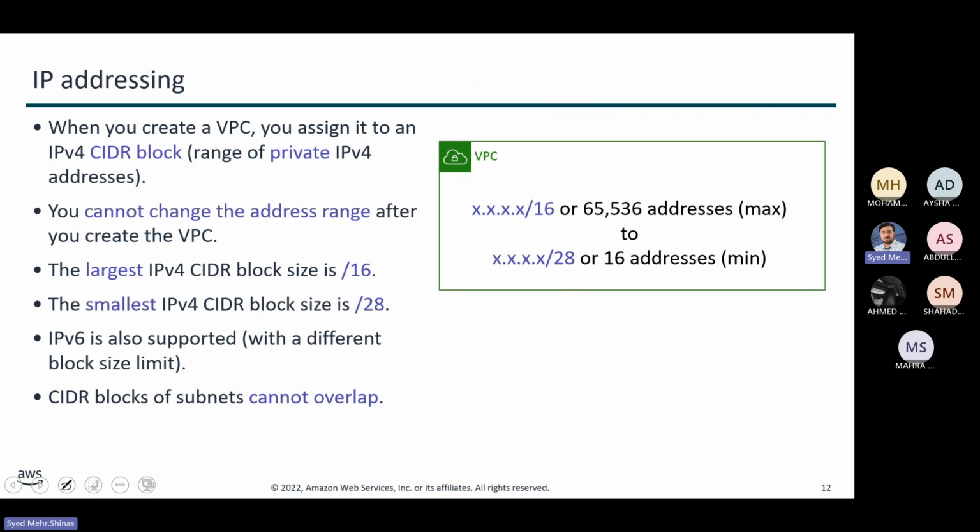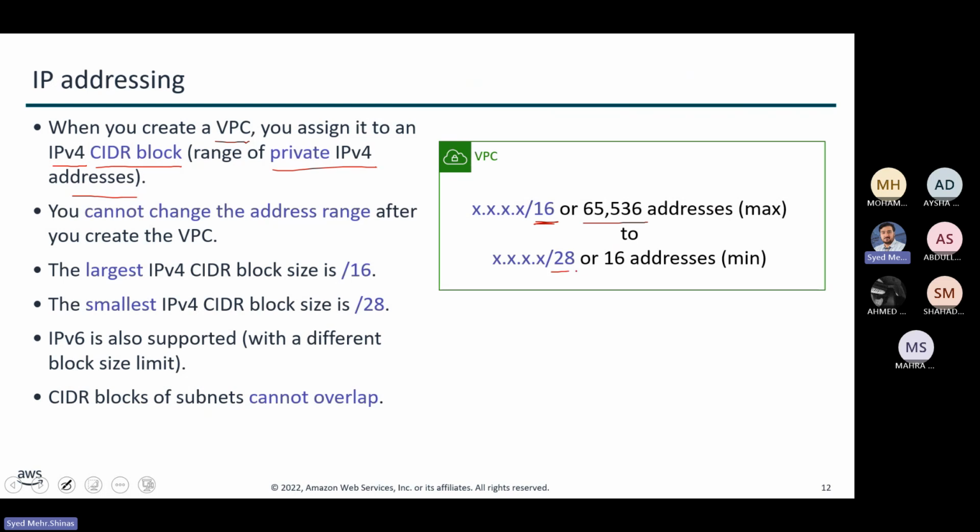Now see here. When you create a VPC, you assign an IPv4 CIDR block range of private IPv4 addresses. We have seen this. If it is /16, how many maximum hosts can be accommodated? 65,536 hosts.